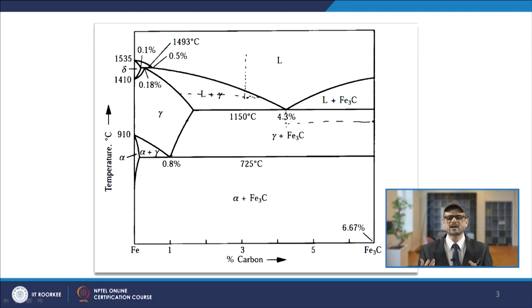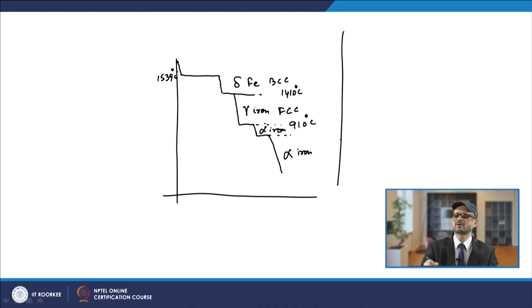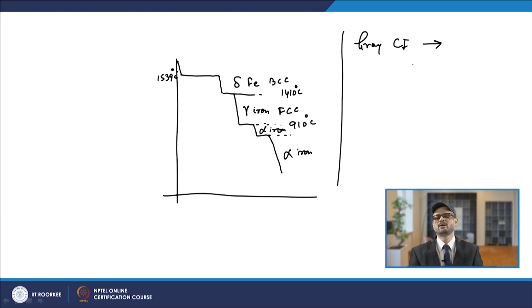So, that will be gray cast iron. When you talk about the varieties of cast iron, you will have gray cast iron when you have a high amount of carbon and silicon, and also a low cooling rate.